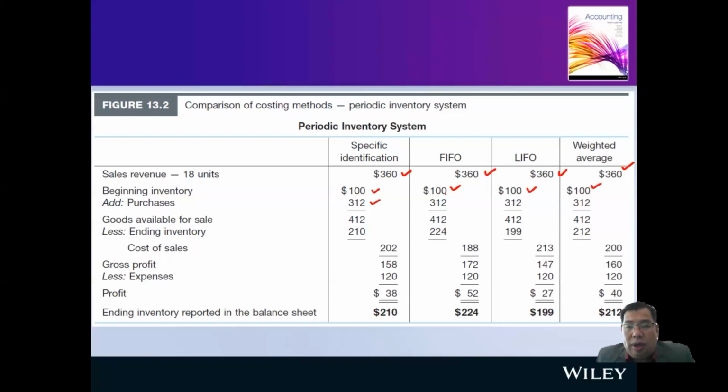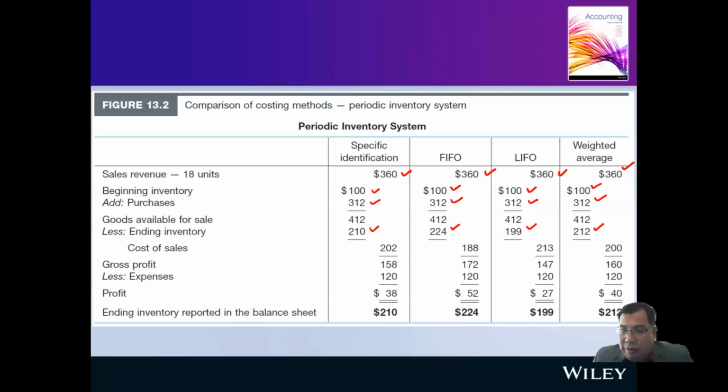Our purchase is 312, no different on that. But our ending inventory is different. If you use the specific identification method, this is just an example, your ending inventory might be 210. If you use FIFO, your ending inventory is 224. You use LIFO, the ending inventory is 199. If you use the average method, the ending inventory will be 212.